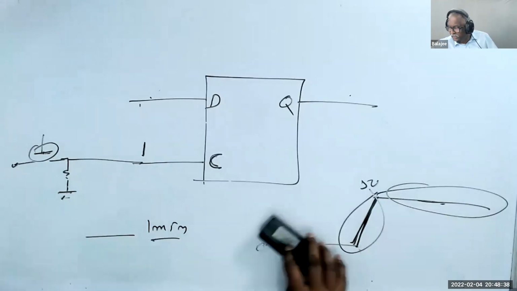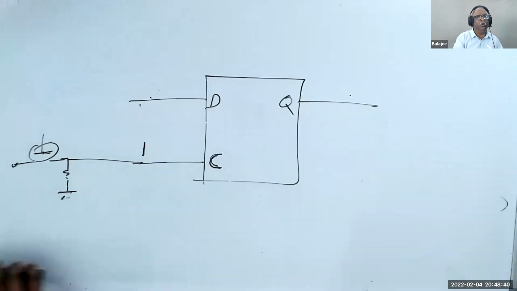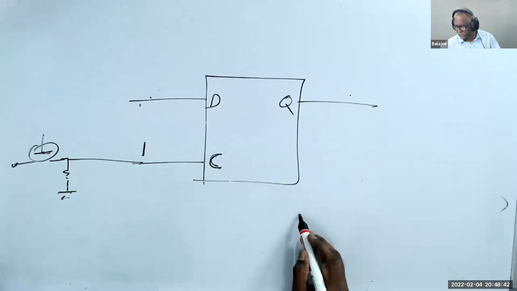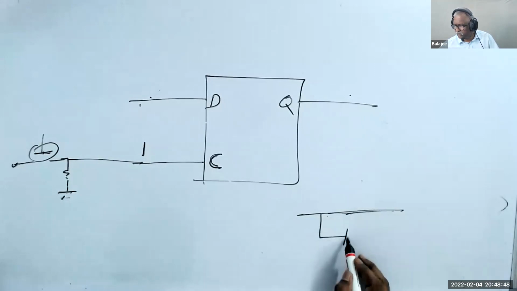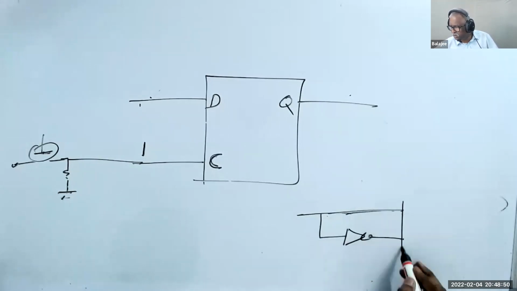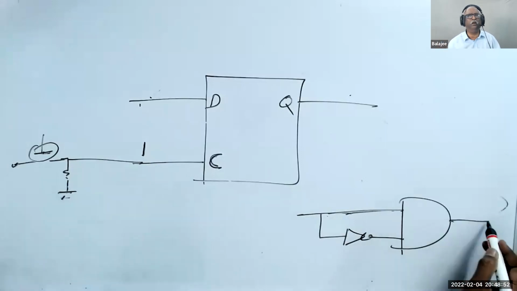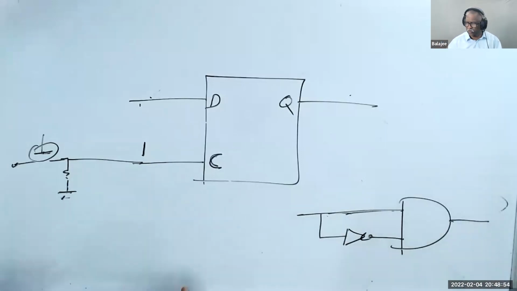So people did a nice, wonderful thing. See here, I have an input. I've drawn a very small circuit. If the input is 0, what is the output?